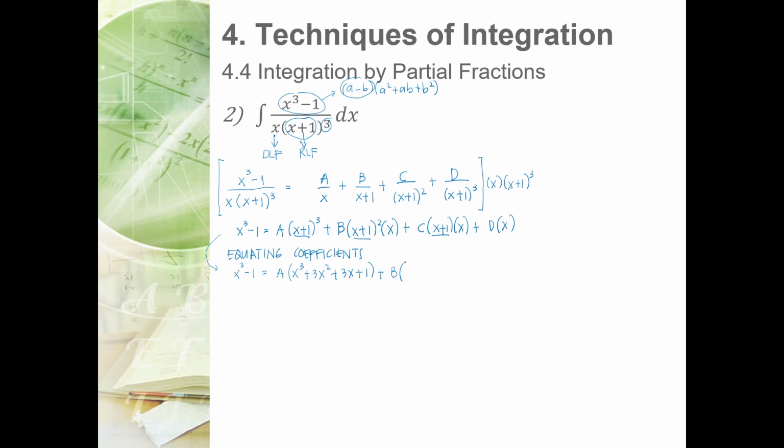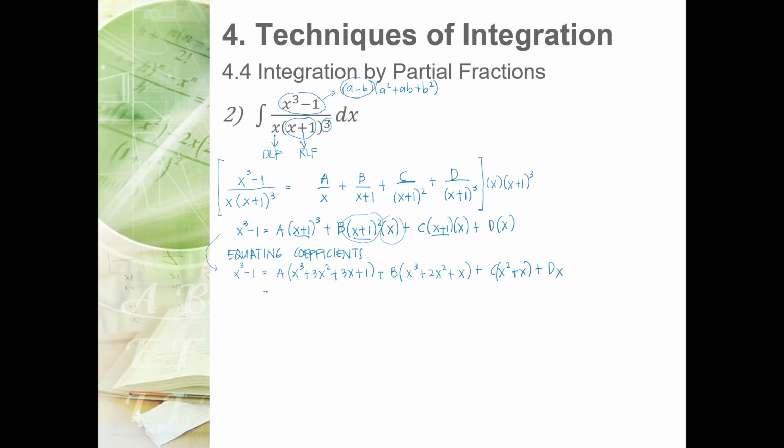Okay, b times x plus 1 squared times x gives x cubed plus 2x squared plus x. Then plus c times x plus 1 times x, which is cx squared plus cx. Then you have dx.